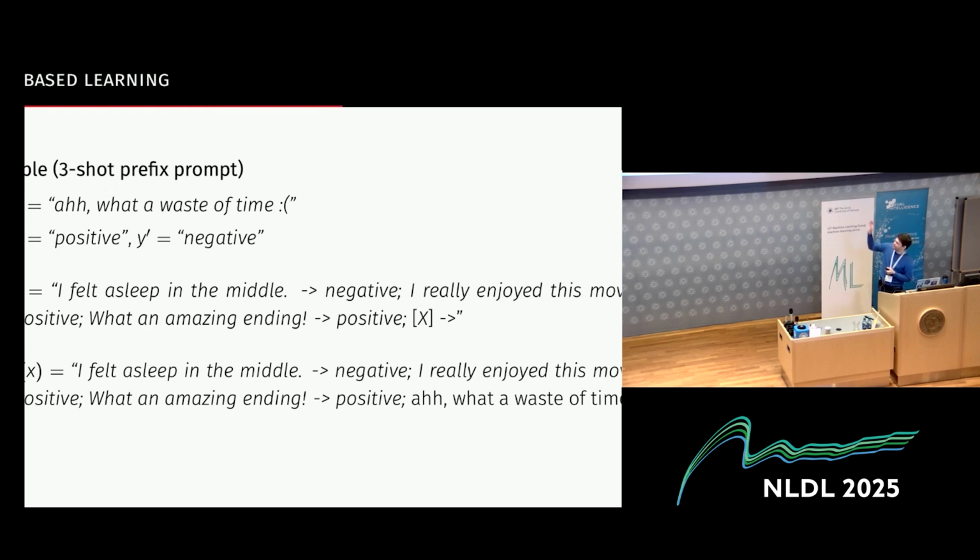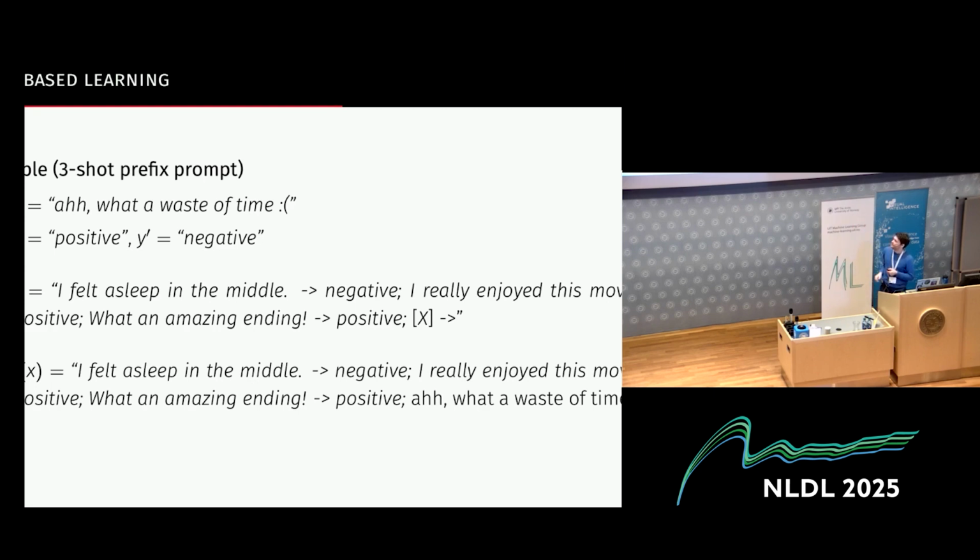We have 2 possible labels. But now in our prompt template, we will show 3 demonstrations of the correct completion of this task. So we have an input, then this arrow, and the correct label. Then we have another input and another gold label, and then another input and another gold label.